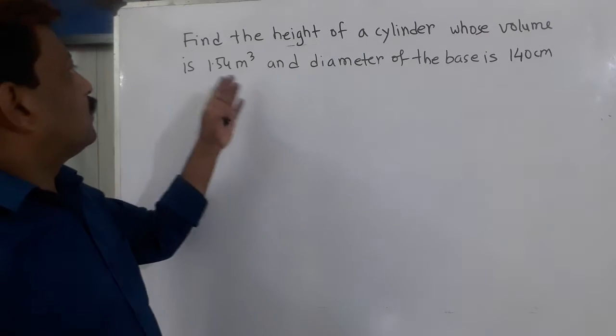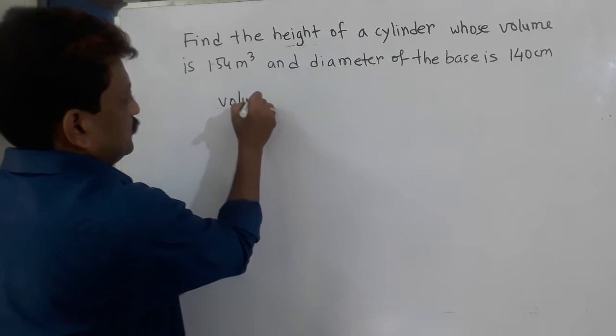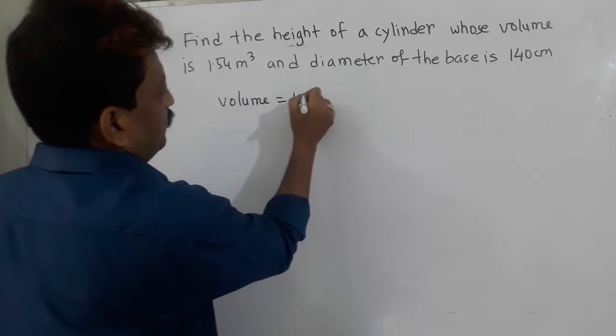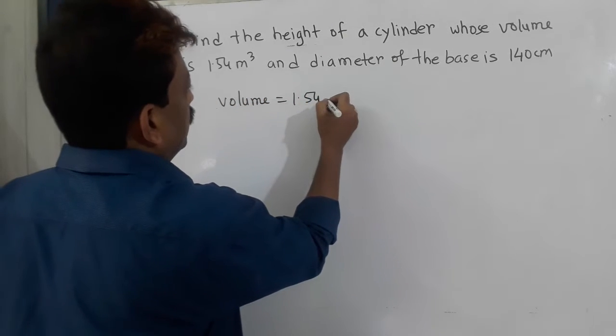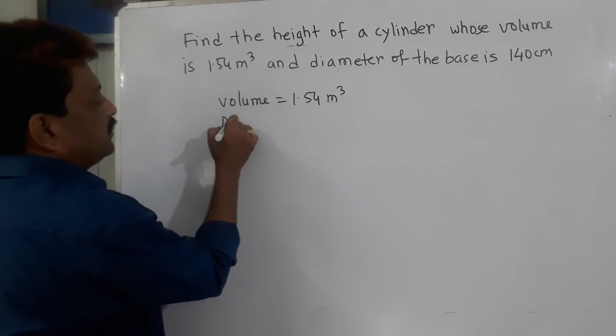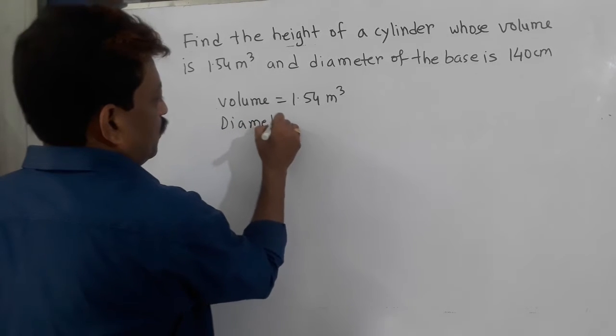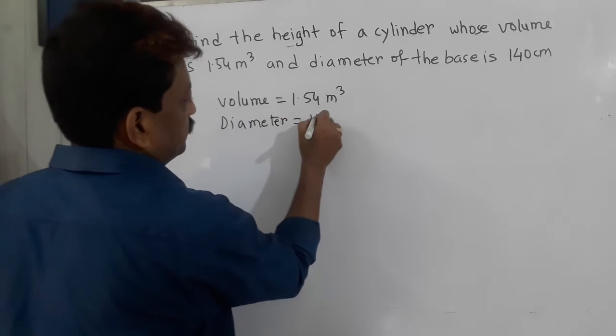So here the volume of the cylinder is given, 1.54 meter cube, and the diameter is given. Diameter is 140 centimeter.